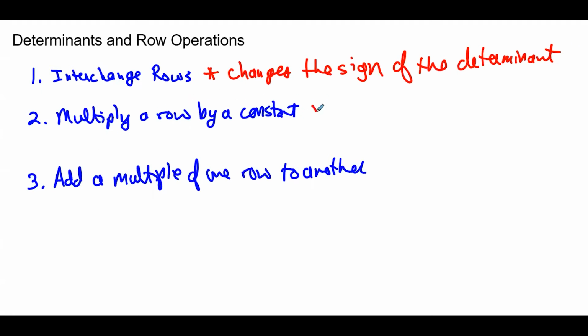If you multiply a row by a constant, the determinant gets multiplied by the same constant.